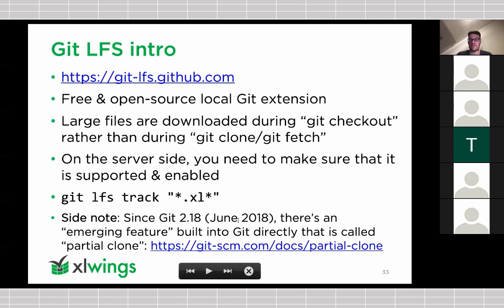And so this will define that you will track all these files with Git LFS. Then a small side note below: Git is actually looking to integrate such a feature natively, but it's still experimental at this point in time.